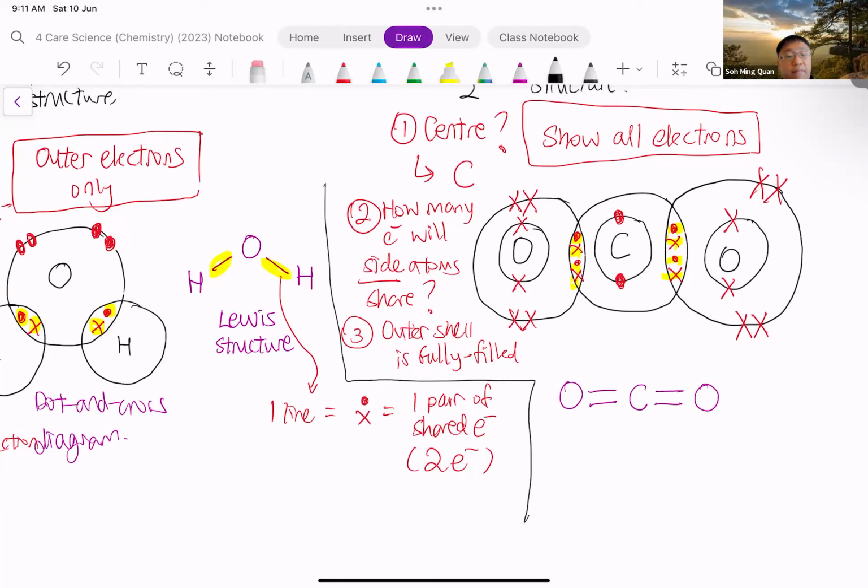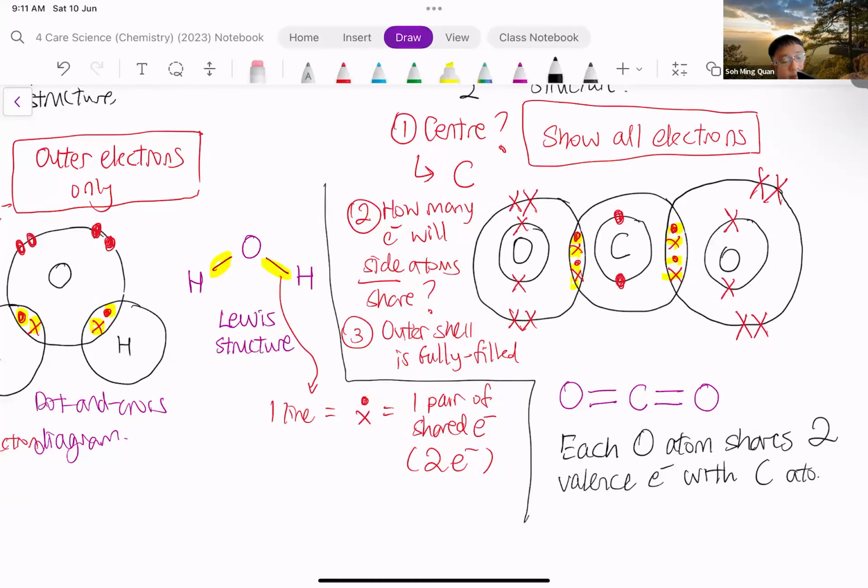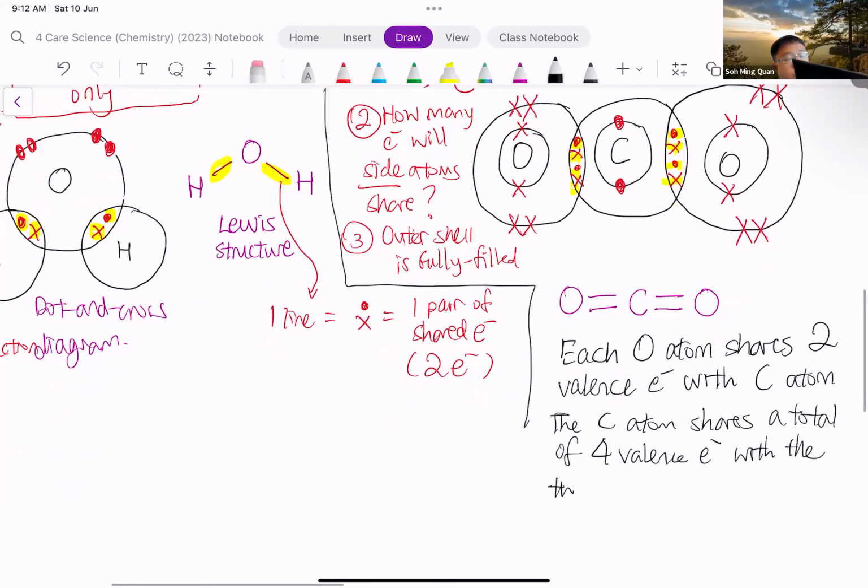Now, so we say that each oxygen atom shares 2 valence electrons with the carbon atom. The carbon atom shares a total of 4 valence electrons with the 2 oxygen atoms.